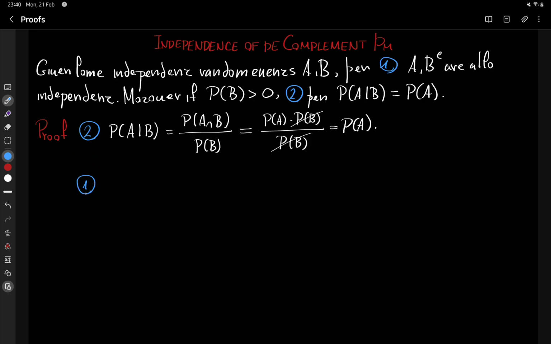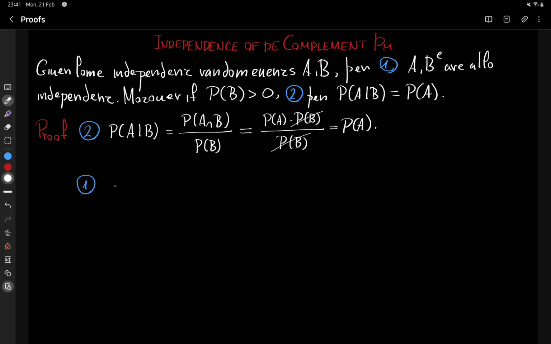Now, regarding the first point, this one will take a little bit more time to prove, but it is still quite manageable. So, what shall we do? We want to show that A and the complement of B are independent. That is the definition of two independent events, and that's actually what we even used up here.